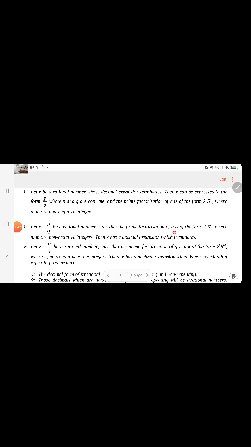By checking the denominator q, if it is of the form 2 power n and 5 power m, then we can tell it is terminating. And the next theorem: if x equal p by q is a rational number such that the prime factorization of q is not of the form 2 power n and 5 power m, then the decimal expansion is non-terminating repeating.